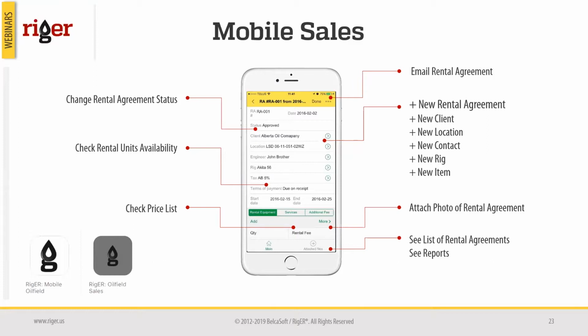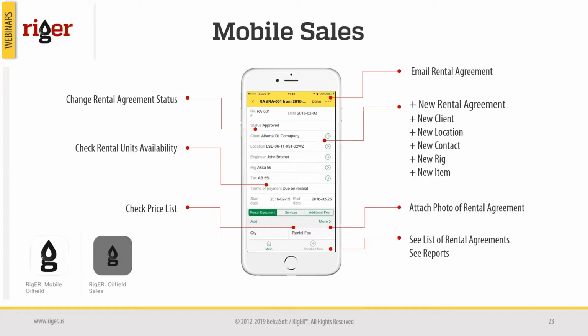He can check the prices, see the list of rental service agreements, reports, attach any kind of documents, and even print this quote right from his app to the mobile printer, and have the client sign the document and take a photo of the signed document, attach that photo to the rental agreement, and synchronize it with the cloud.